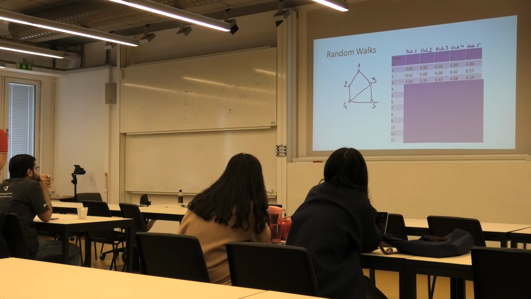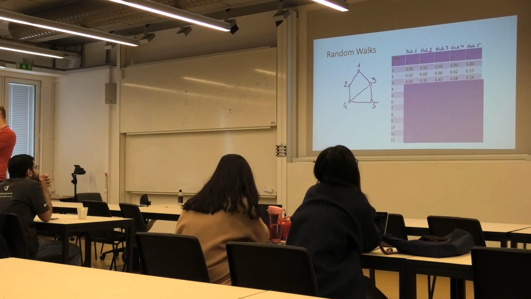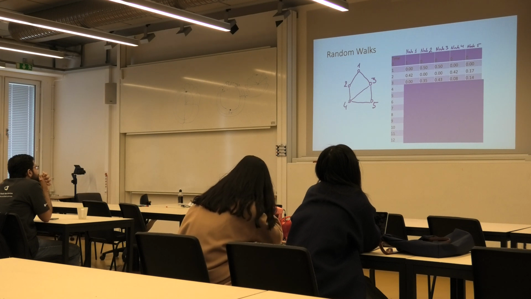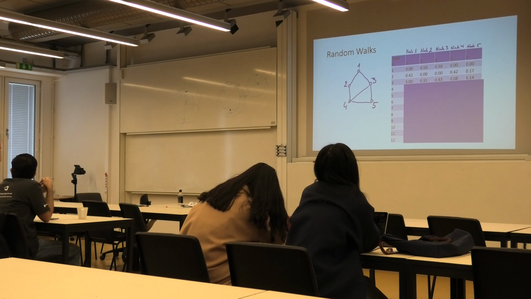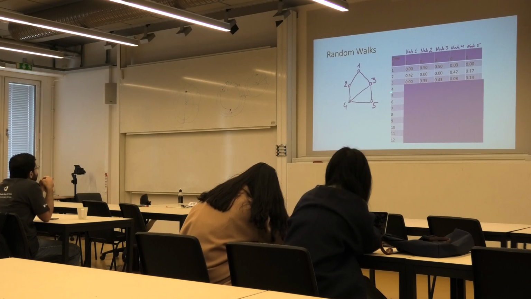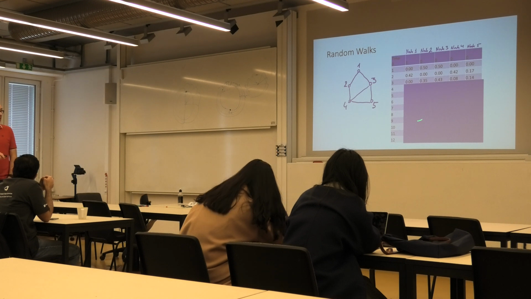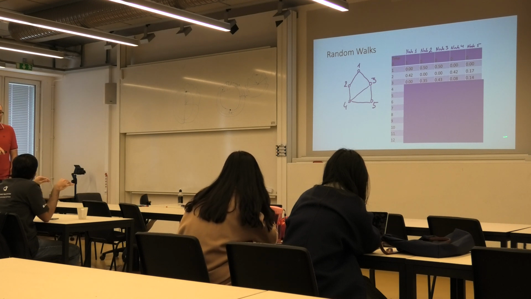There could be another issue. For example, if you have bipartite graphs, you might oscillate. At one time step you're on the left somewhere, and there's 0 on the right, and the next time step you're on the right, and it's 0 on the left. And you always keep going. But for certain graphs, and we'll discuss this a bit later, the rule is that, first of all, at some point you will keep on seeing the same values.